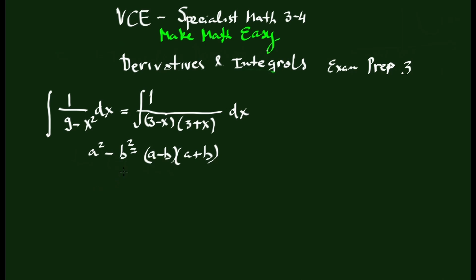We can rewrite this as a over 3 minus x plus b over 3 plus x. If you have a non-reducible bit here that is a quadratic form, then the numerator will be linear as well.